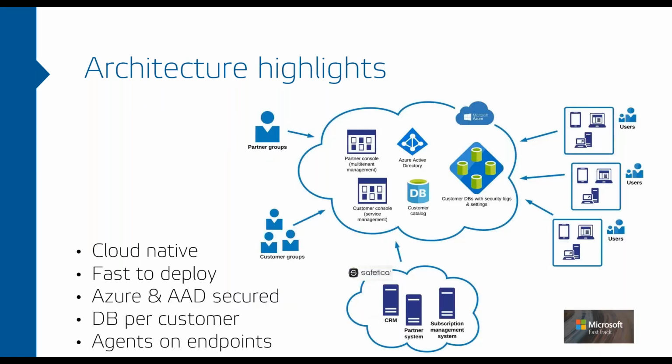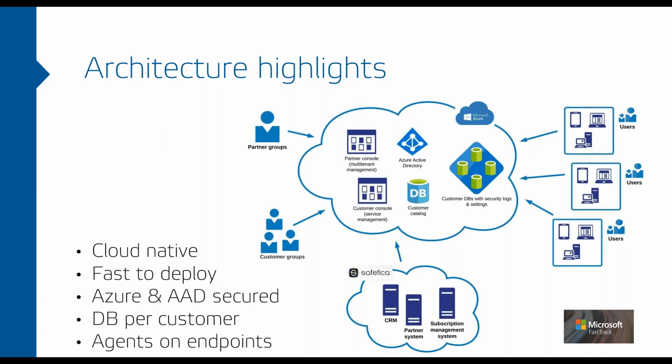Let's follow up with the architecture highlights. It is also important to mention Safetica Next is a SaaS solution, which means that this is a completely cloud-native product. The important feature is that to deploy it, you don't need any hardware. The only thing you need is basically access from Safetica and obviously training.